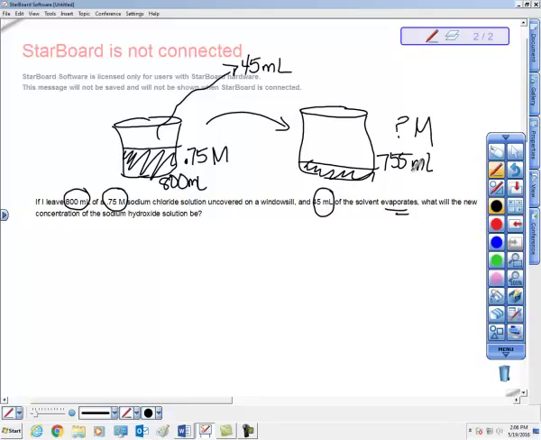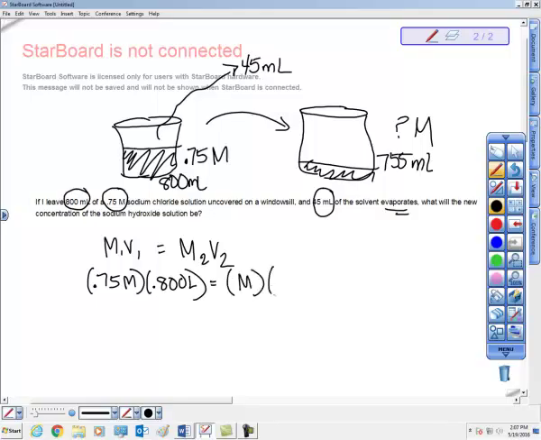It's a dilution problem. M1V1 is equal to M2V2. Original molarity was 0.75. Original volume was 800 milliliters. I'm going to change that to say 0.800 liters. The second molarity we don't have, but the second volume is 0.755.